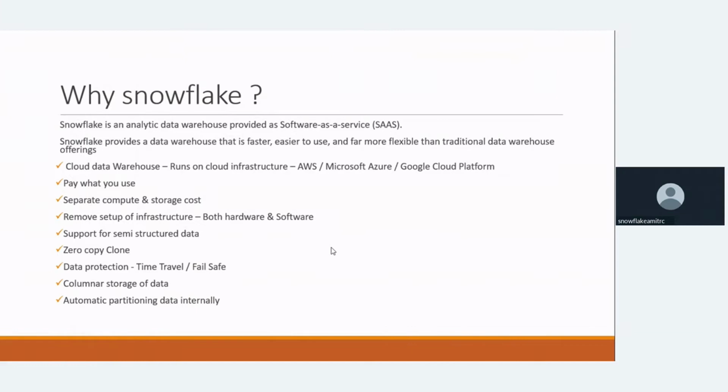Whenever we create an account today, we will see how we can choose any one of these three options. If you have selected AWS, then storage and processing will be handled by AWS. If you have selected Microsoft Azure, then storage and processing will be handled by Microsoft Azure. Snowflake is basically a vendor of these three companies. We pay the money to Snowflake, and Snowflake pays them.